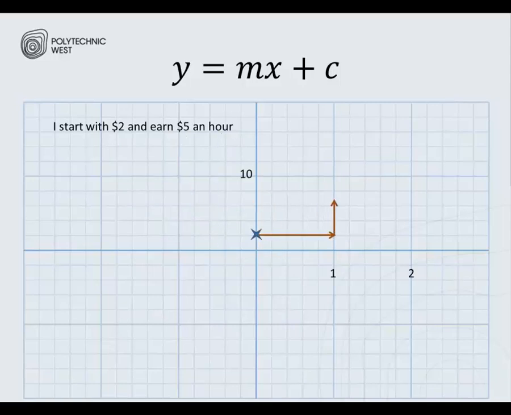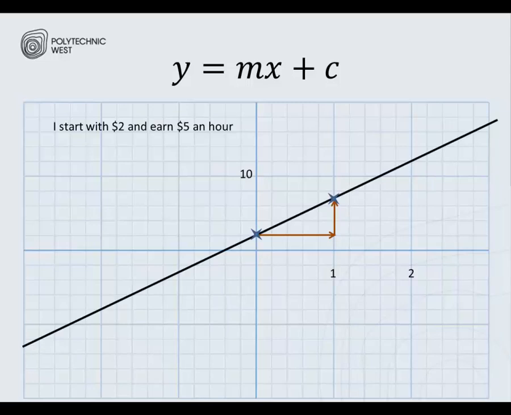So after 1 hour, my money has gone up by that amount. There's 2 points. With 2 points, I can draw a straight line. With this straight line, I'm now able to predict how much money I'll have at a future time. So it looks like after, say, 2 hours, I'll have $12.